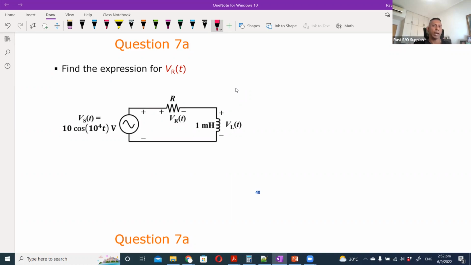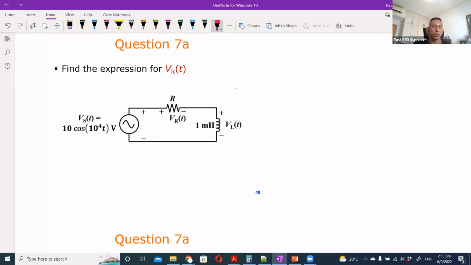By doing that, once we represent everything in phasors, we are able to solve the circuit as how we solve a normal DC circuit. If not, in the time domain you have all your differential equations and everything, which is very tedious to solve. By converting them to phasors, you are able to immediately use your DC analysis techniques and solve the circuit. That is why the complex number part comes in.